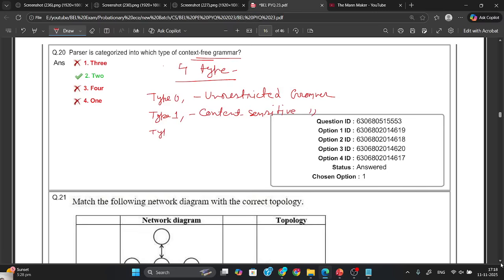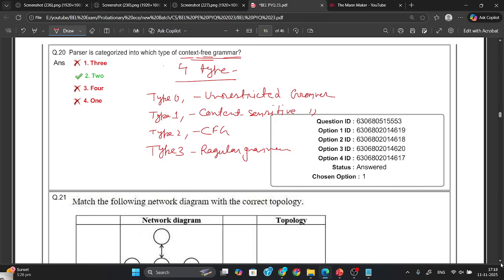Then type 2 is CFG, context free grammar. Then type 3 is regular grammar. This is the four types we have; we can divide grammar into four ways.